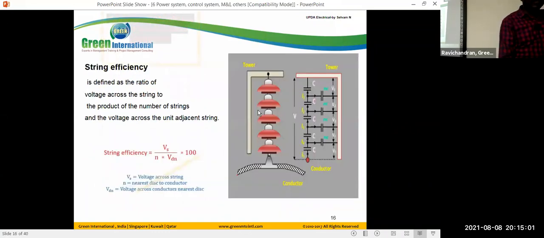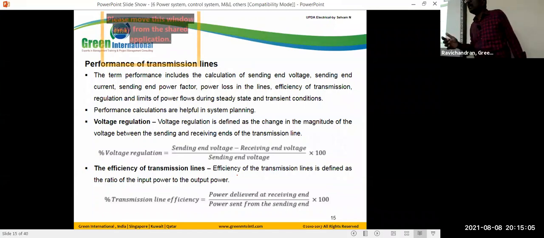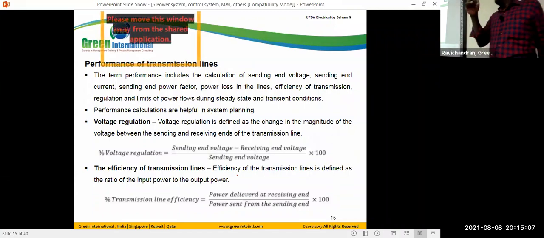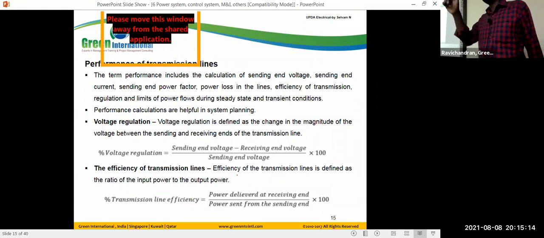Transmission losses, as I discussed in the transformers, we have one formula: I(R cos theta plus or minus X sin theta).